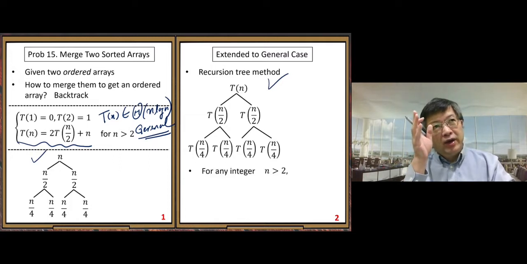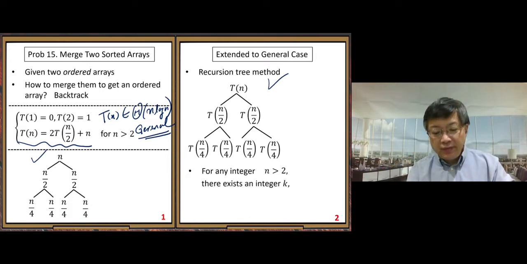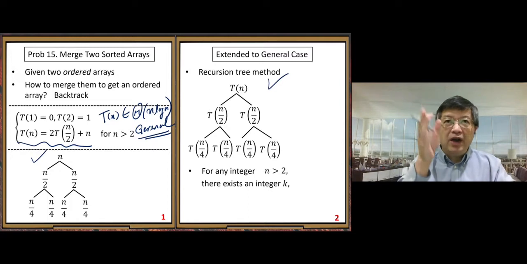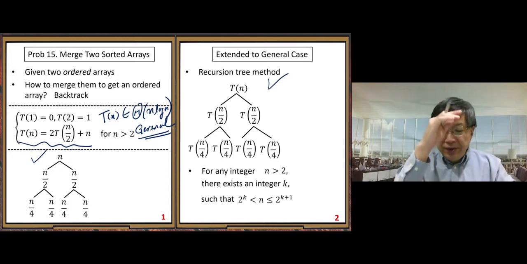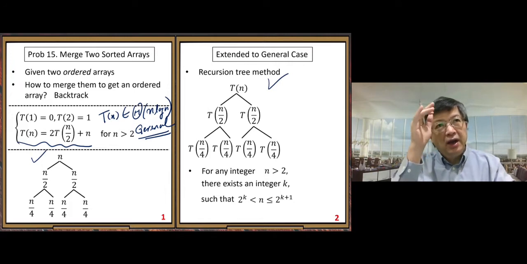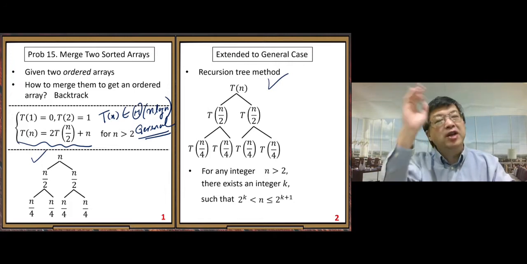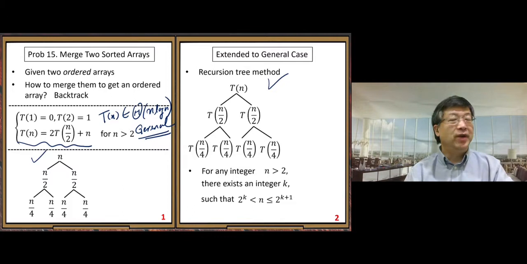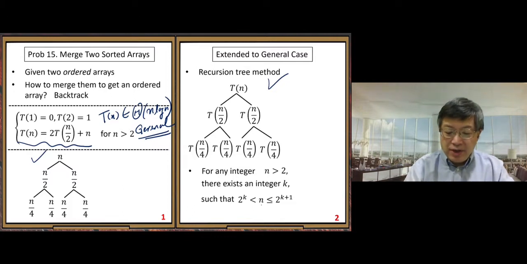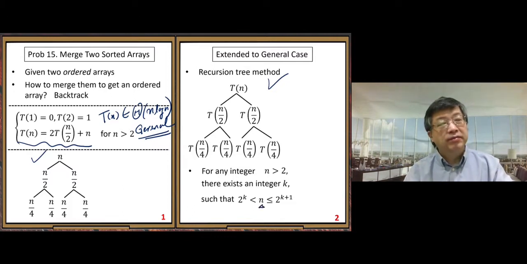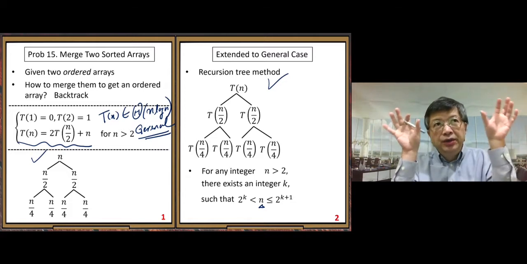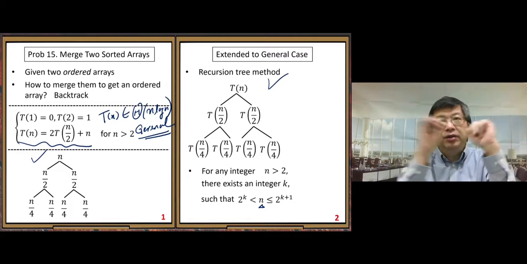Suppose we have a general n greater than 2. Then we can find some integer k such that 2 to the k is less than n, which is less than or equal to 2 to the k plus 1. We can always do that. That means the given n is between 2 adjacent powers of 2.